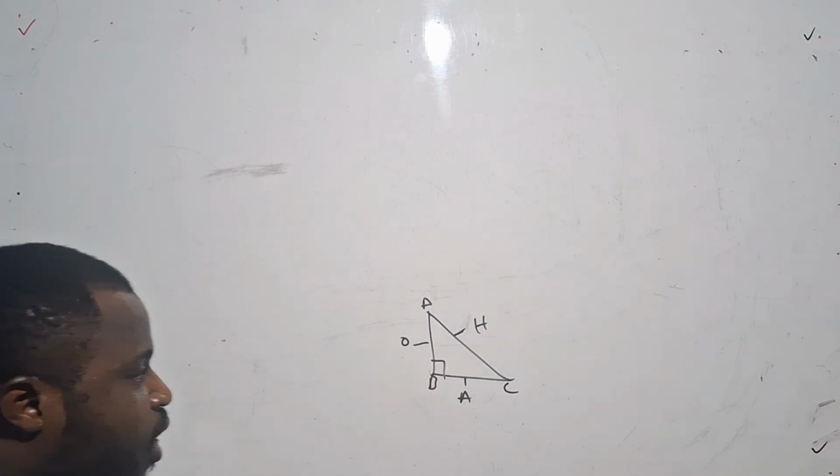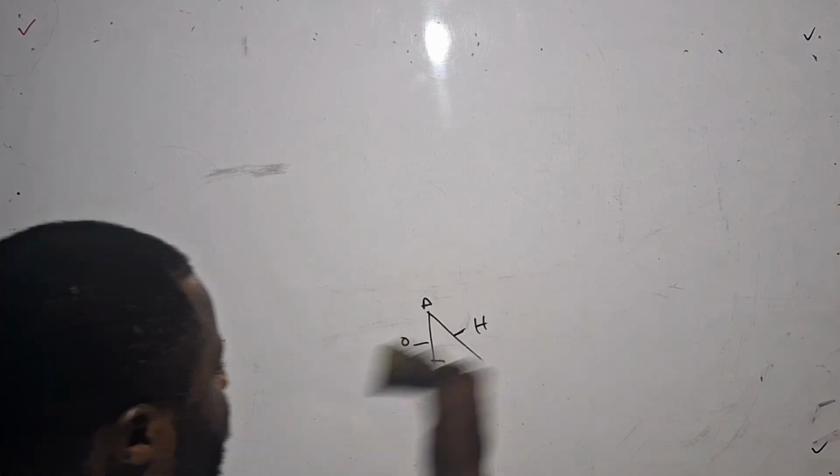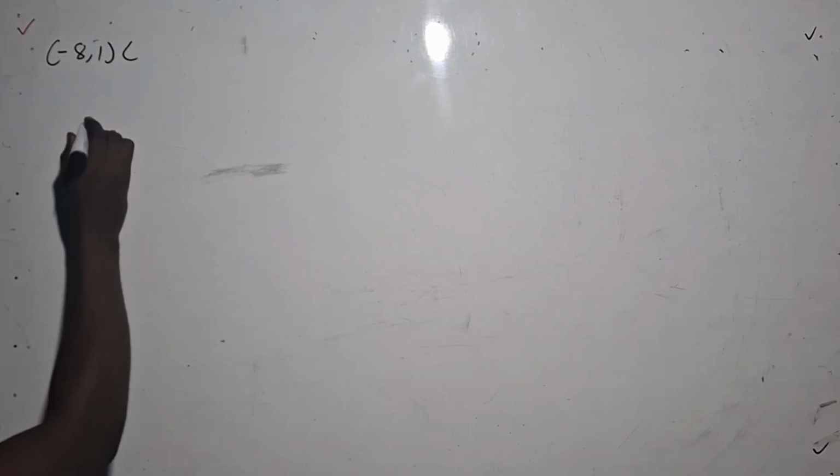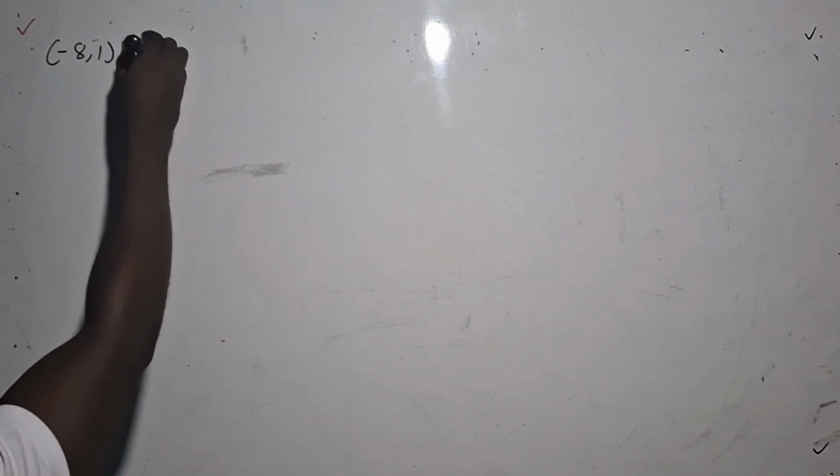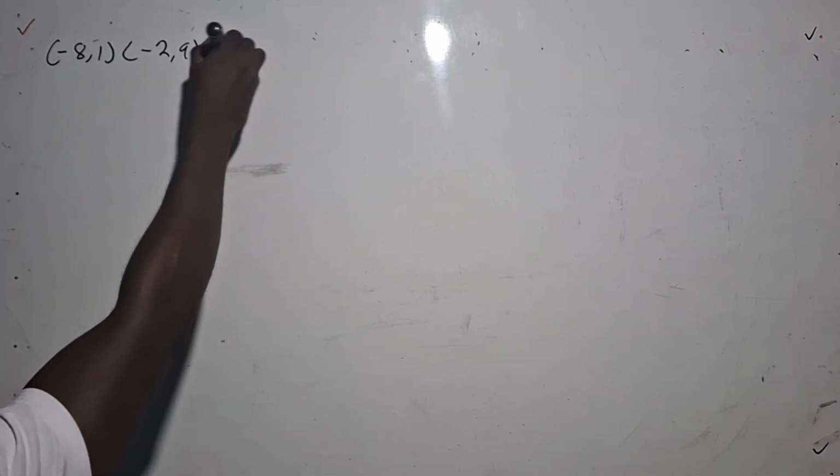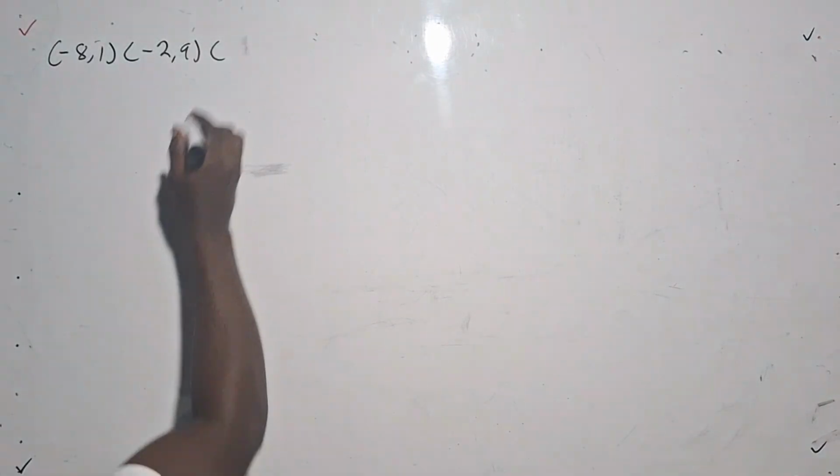Yes, that's the meaning of how we are going to determine it. The points are negative 8, 1, negative 2, 9, then we have 10, 0.